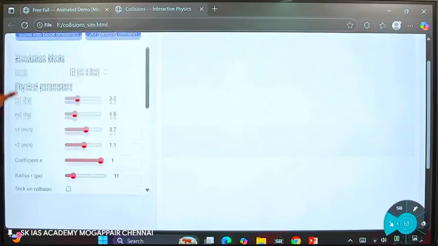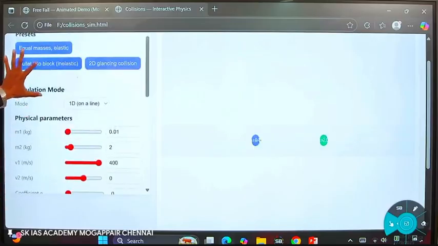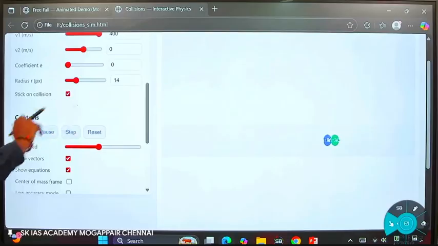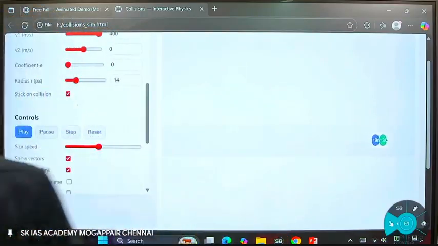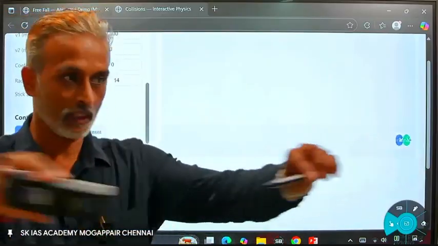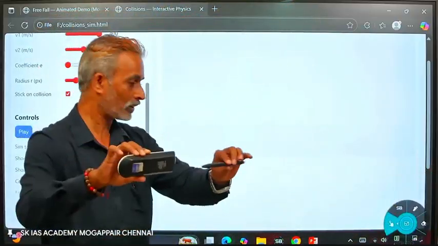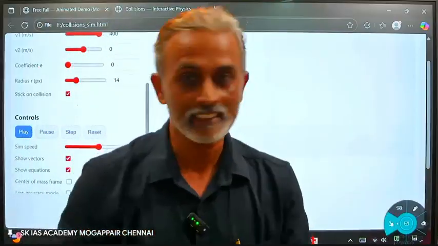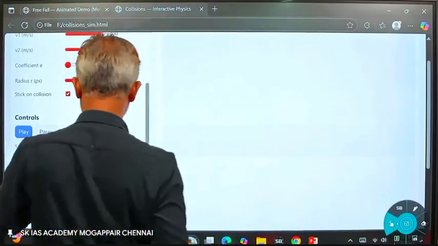Inelastic means two bodies collide, then go like that. Two bodies coming, then they will stick and go. Then it is called inelastic collision. Okay? Again I am going to show you.